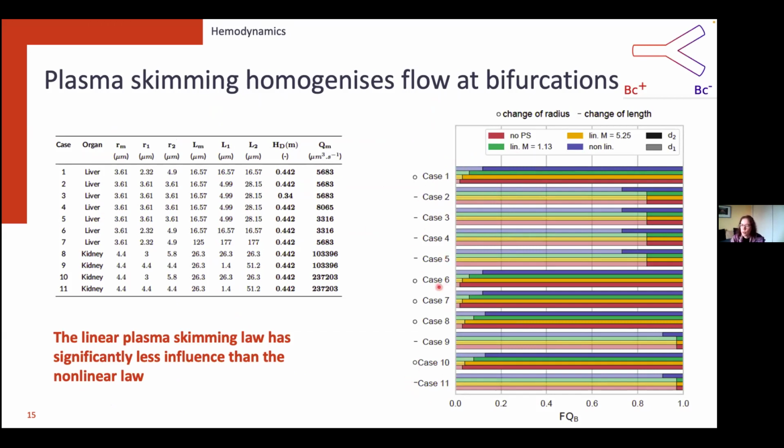It's not very important to understand how these different cases differ.